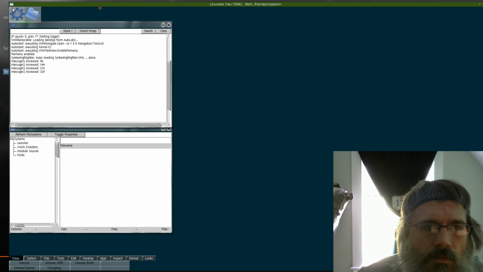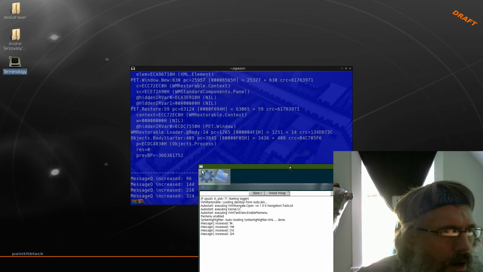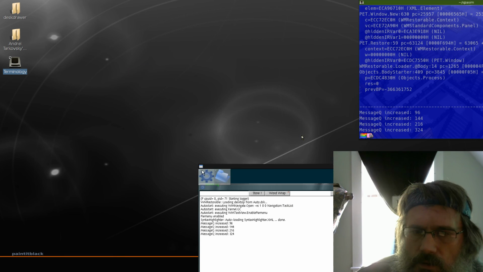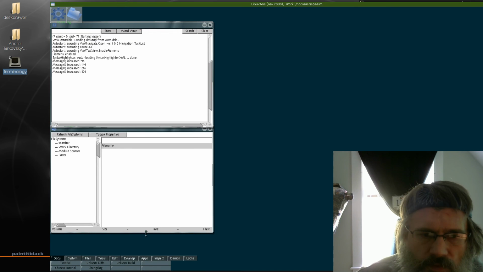And so I will quickly boot up the tracer and see what it looks like now, because I don't remember in what state I left it.